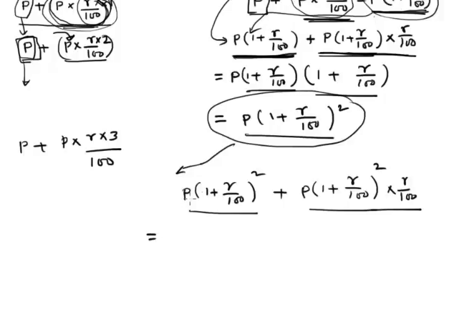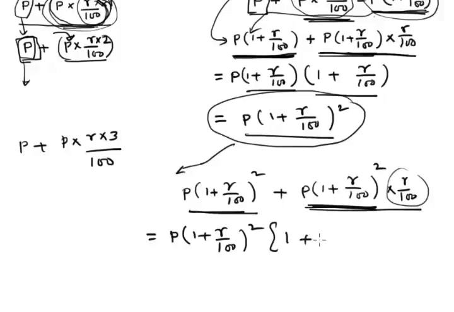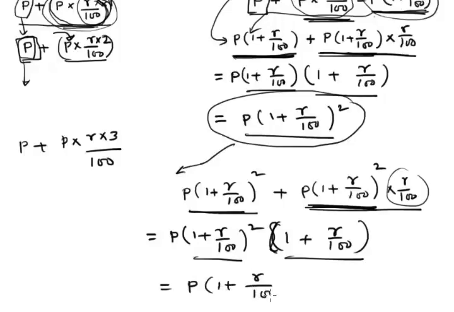So at the end of third period, we take this part common, then from here we will get 1, and here we will get r division 100. So this squared times this same thing, we will get P times 1 plus r division 100 to the power 3. So at the end of third period, power is 3. But for simple interest, if we take P common, 1 plus r times 3 division 100.